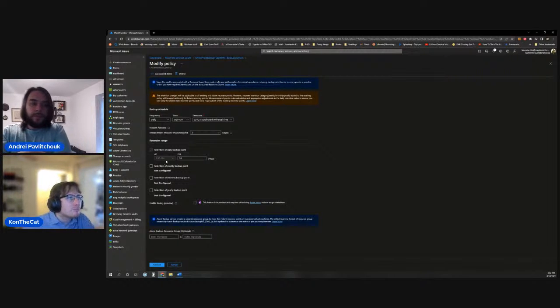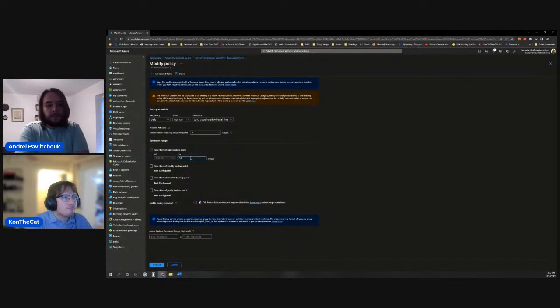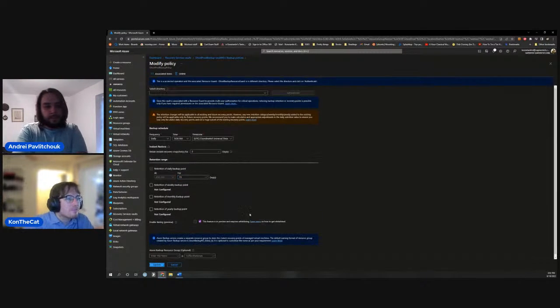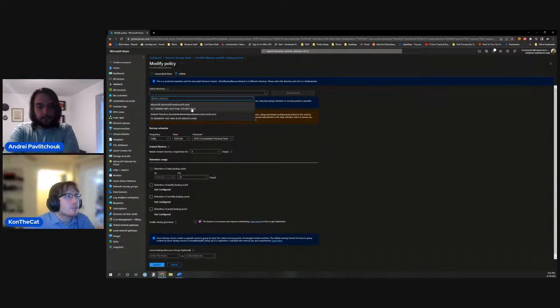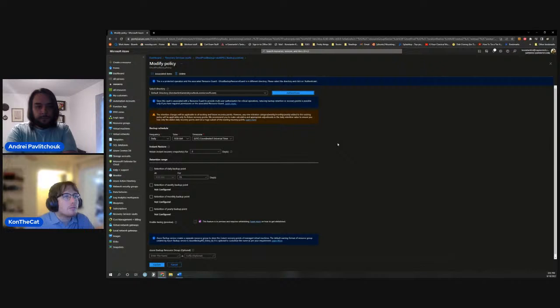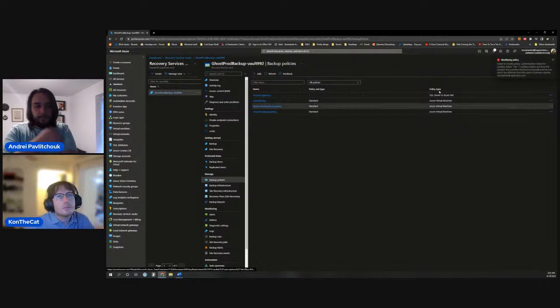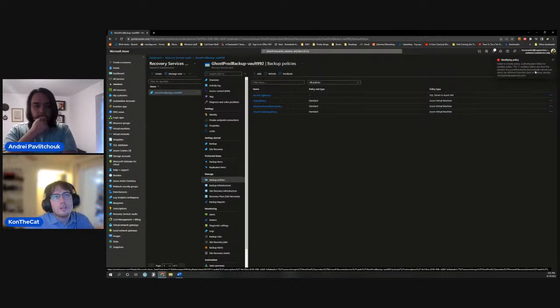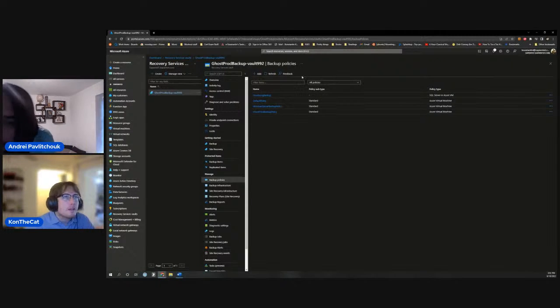So let's say I try to change the retention to 15. It's going to try to authenticate me to the directory in which I have the resource guard, but then it will fail anyway because of how the resource guard is configured. So see? Not allowed.